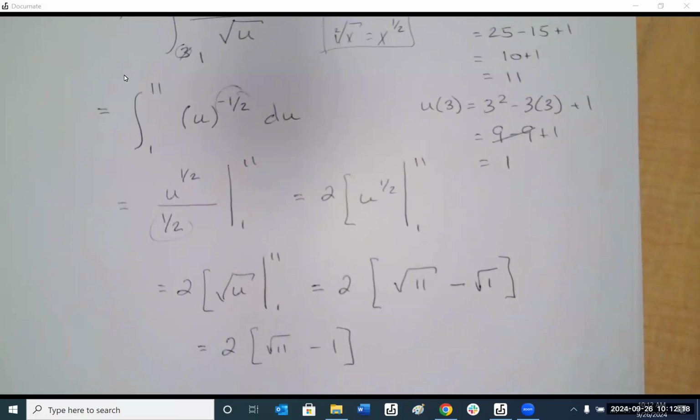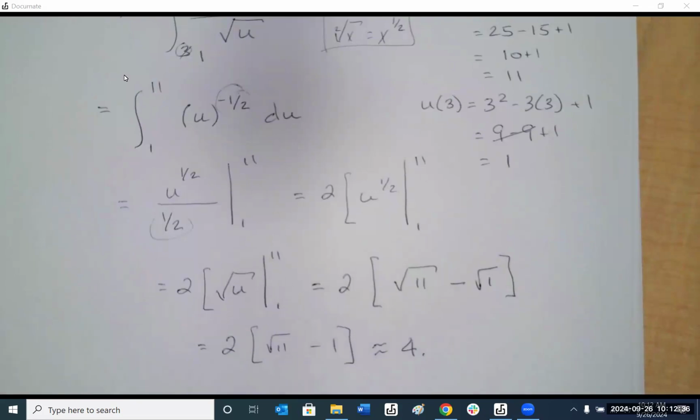So it's 3 point something. Minus 1 is 2 point something. 2 times 2 point something is 4 point something. 4.6.